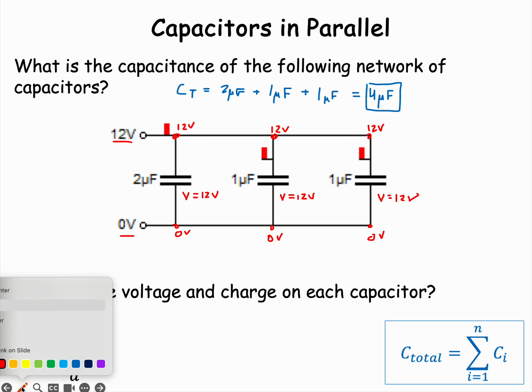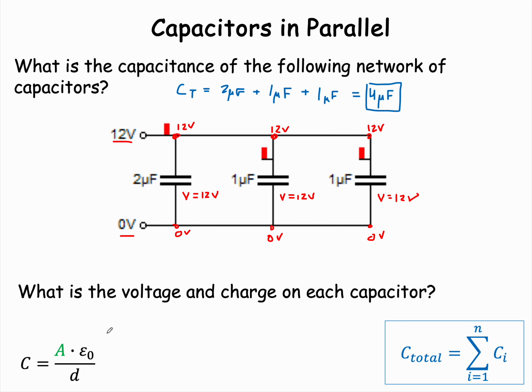And now we get the question of what is the charge? And you might say, whoa, wait, how do we figure out the charge in each one? Well, if you remember, capacitance is defined as the amount of charge per voltage. Or rearranging that, C times V is equal to charge.